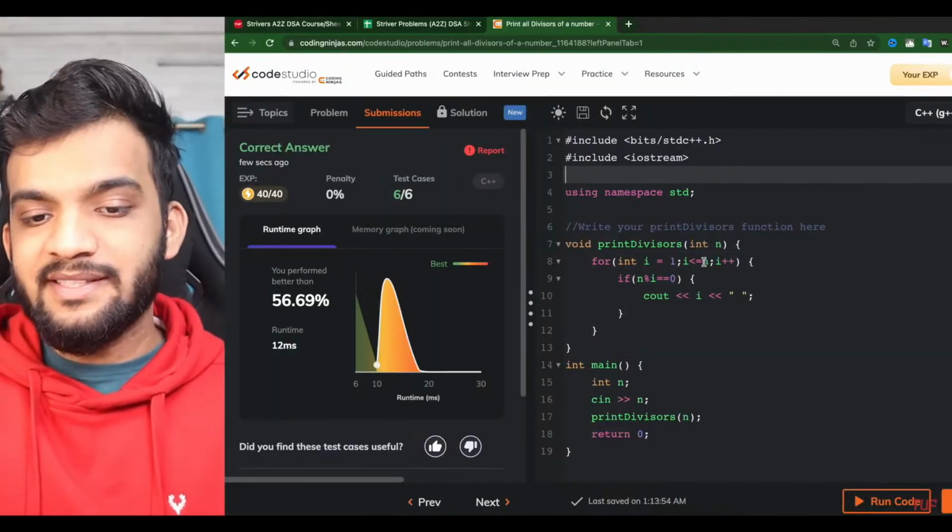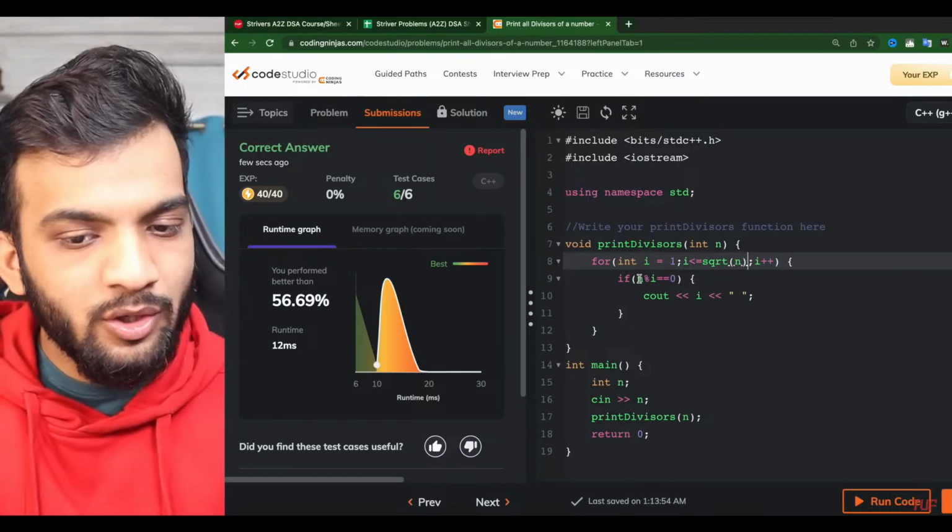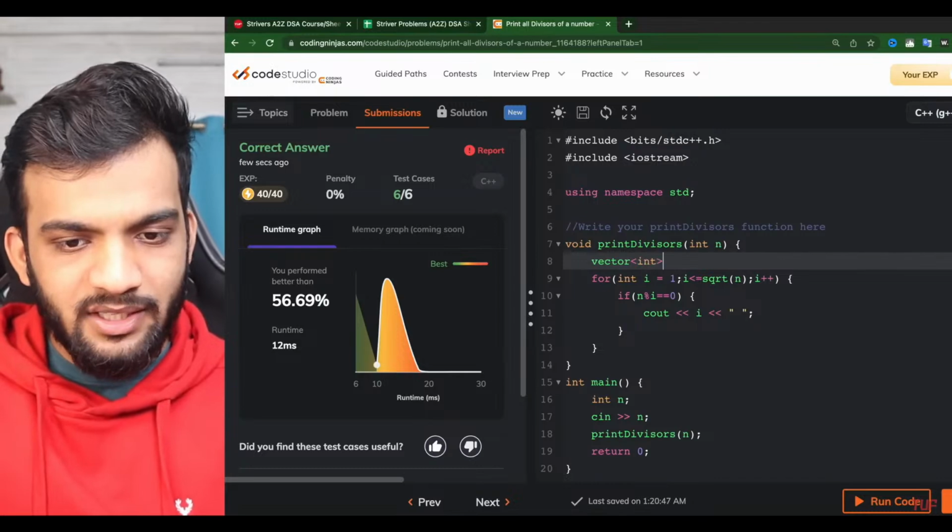So if I go back to the code, what did I say? We'll be going till square root of n. We know this is a factor and we need a list now. So let's take a list.